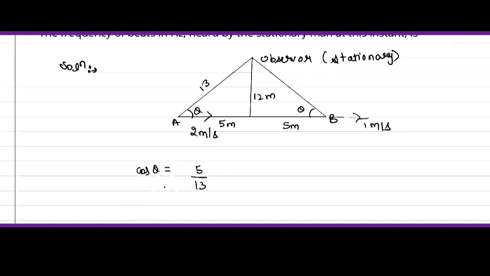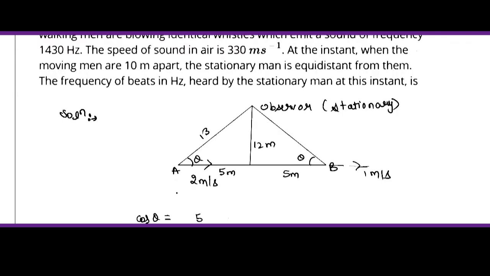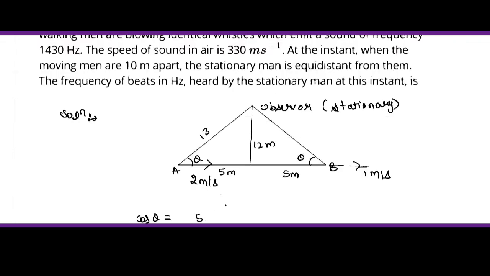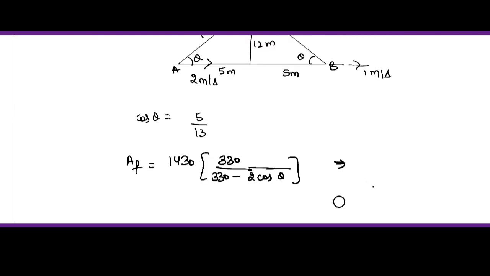So now we can find the apparent frequency. The apparent frequency is equal to the frequency of the sound, so this is 430 given to us, then the speed of sound in air is 330, divided by 330 minus 2 times cos theta, as the velocity is 2 here. So from this we have written f' equals f0 times v divided by (v minus va).